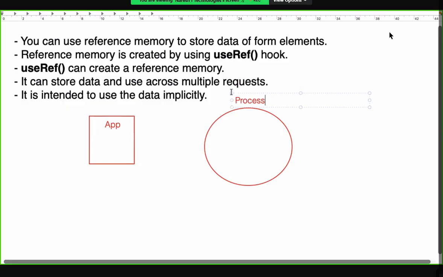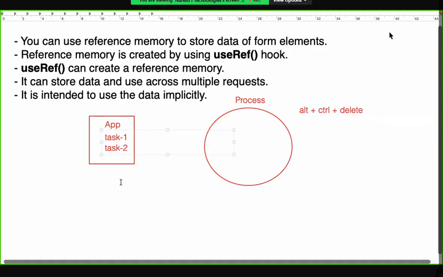If you are using the Windows operating system, you can see the apps running in processes. How? Press Alt, Control, Delete, and it will show the tasks running in the process. Now, in this app, we have some tasks like task 1, task 2.